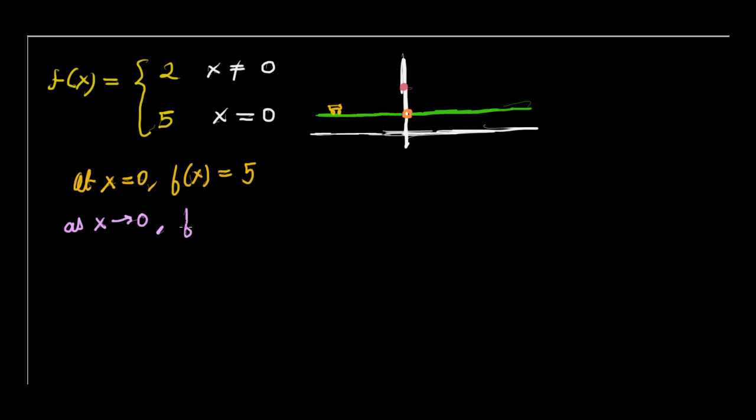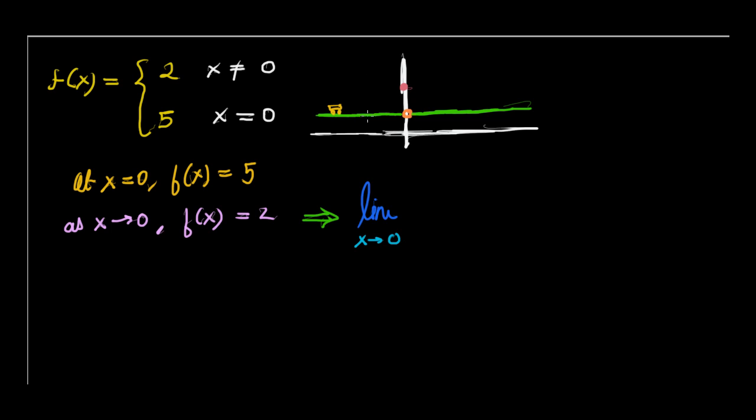But we say that as x approaches 0, and this is the symbol for approaching, f of x approaches 2. This is written formally as the limit as x approaches some value, and in this case it is 0.